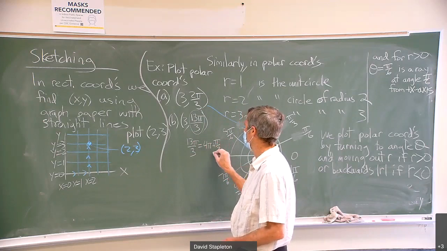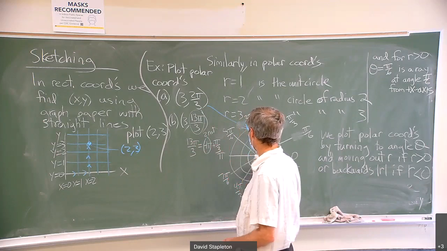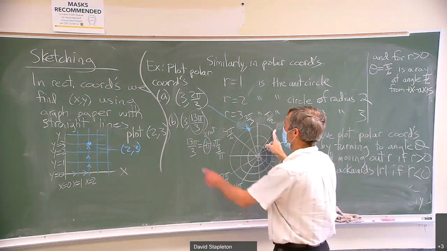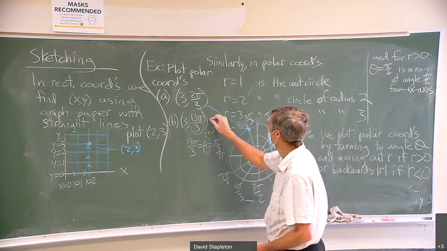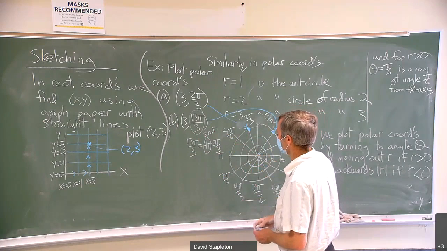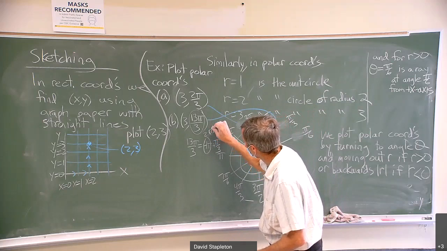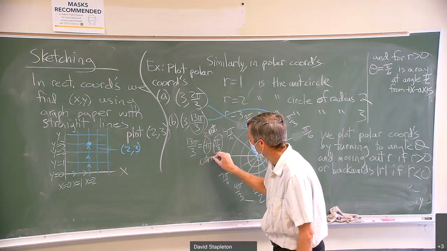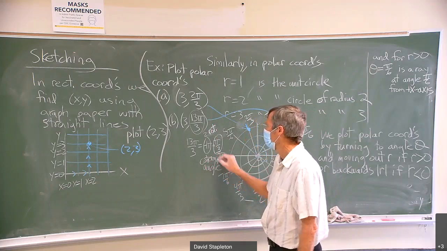In other words, 2 rotations plus pi over 3. So I'm going to go around twice, but then I'm going to go to pi over 3. So I'm going to go this direction. And now I go out 3 units. 1, 2, 3, and there it is. So you find the coterminal angle. This is 2 rotations, and this is the coterminal angle. You turn to the coterminal angle as marked and go out whatever r is.